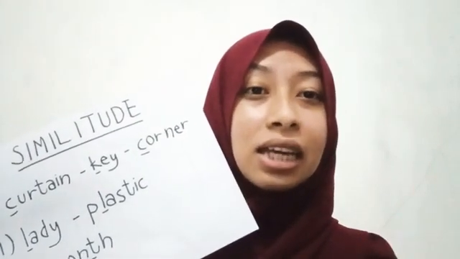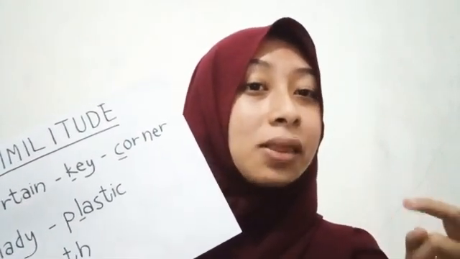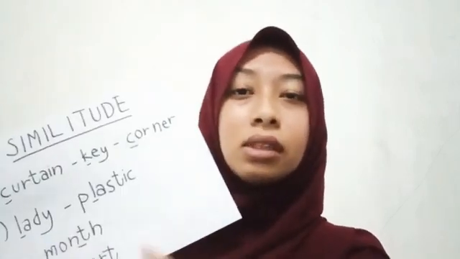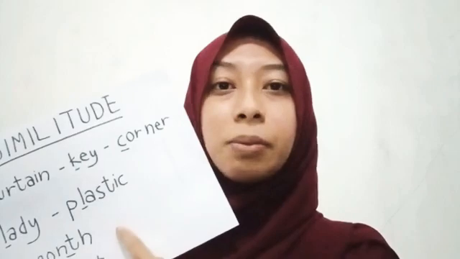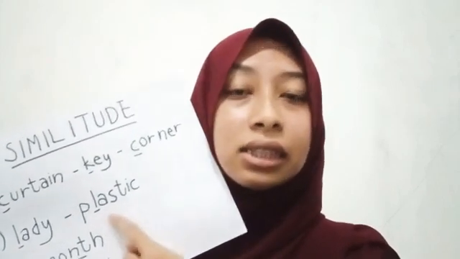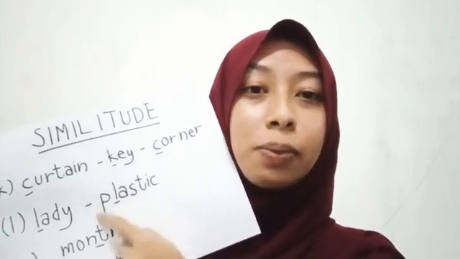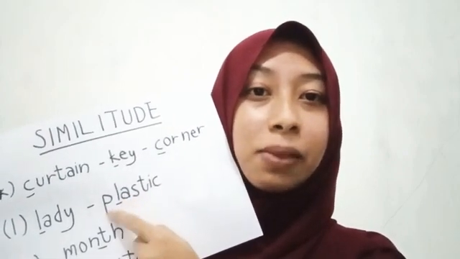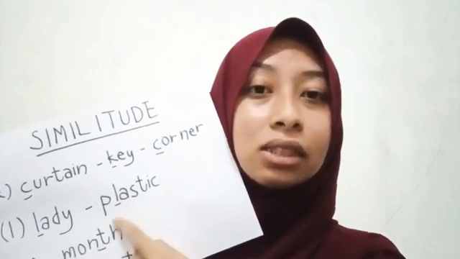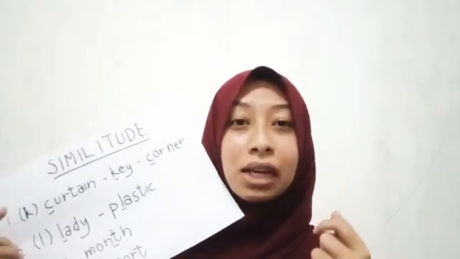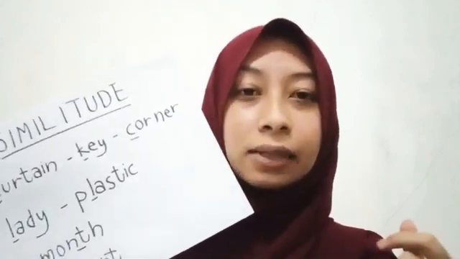The L in plastic sounds heavier than the L in lady. So here it is different because it is a variety of L showing similitude with the P sound. The L in plastic shows similitude with the P sound.